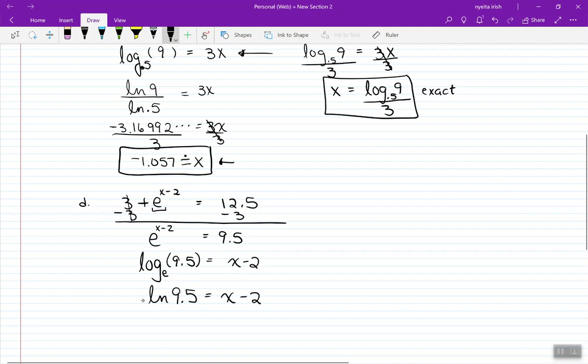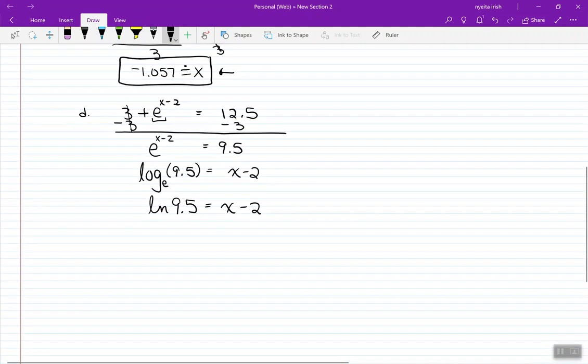Now, before I take care of this using my calculator, let's go ahead and get the exact value of this one first. I'm going to add 2 to both sides of the equation. Now be careful, because you don't add the 2 to the 9.5 because that's the natural log of 9.5 and then plus 2. You can't add the number inside the logarithm. The best we can do is just leave it like this. And that's our exact value.